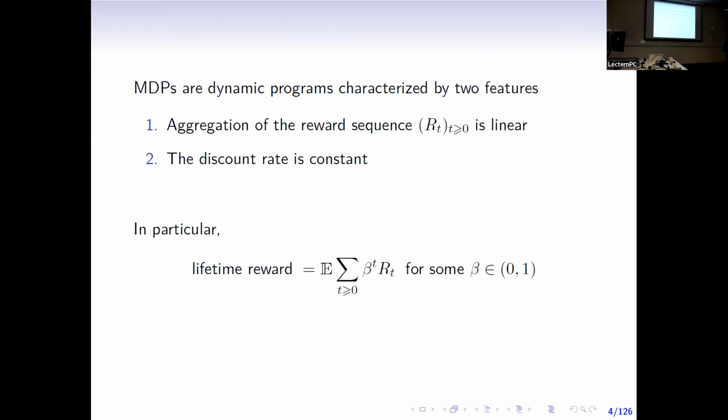And what they're basically saying is that if we take a model like this and try to fit it to the data, we're going to struggle. And so we need to think, well, maybe consumers don't aggregate lifetime utility this way. Maybe they aggregate it in some more general way. And so we write down clever models about how they aggregate things. And that's going to give us different expressions, and that's going to take us outside the world of Markov decision processes. So it's really a question of how we want to model things.